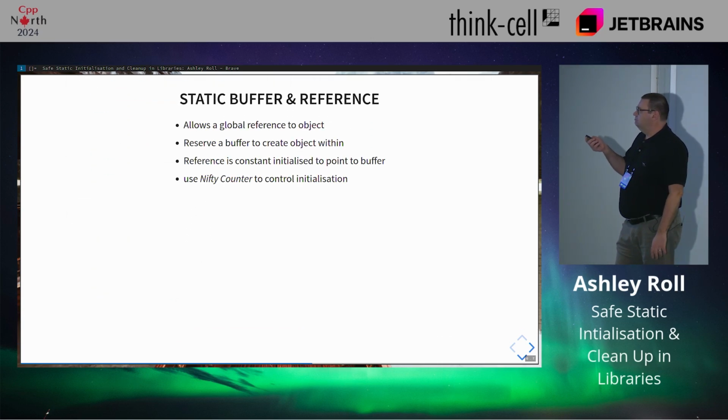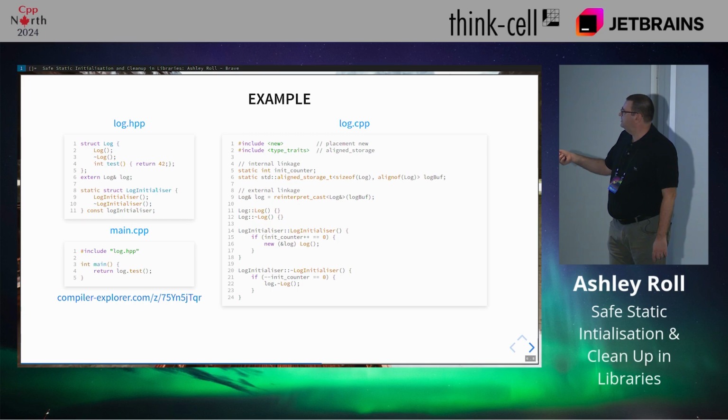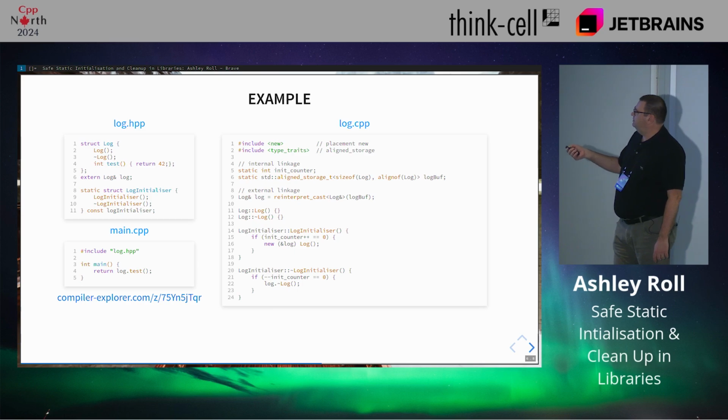So another modification of that is we might have a static buffer and a reference. In this case, it's just like the nifty counter. We still have a counter, and we have our log object here. Again, we're allocating storage of the correct size and alignment for our object into a buffer that remains uninitialized.